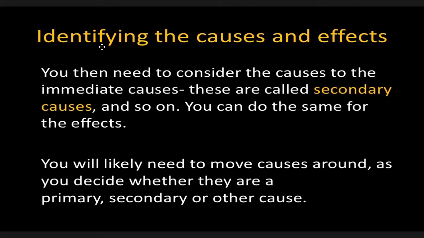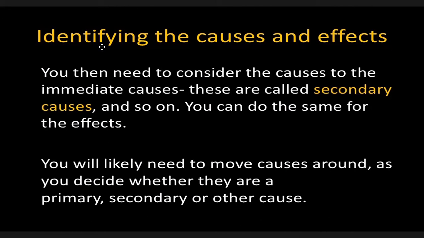The middle is the core problem, and the immediate causes and the sub causes, or the secondary causes, will go downward. Because one of the things that you need to make in your research is a conceptual framework. Although there are two frameworks: one is the theoretical, and the other is conceptual.